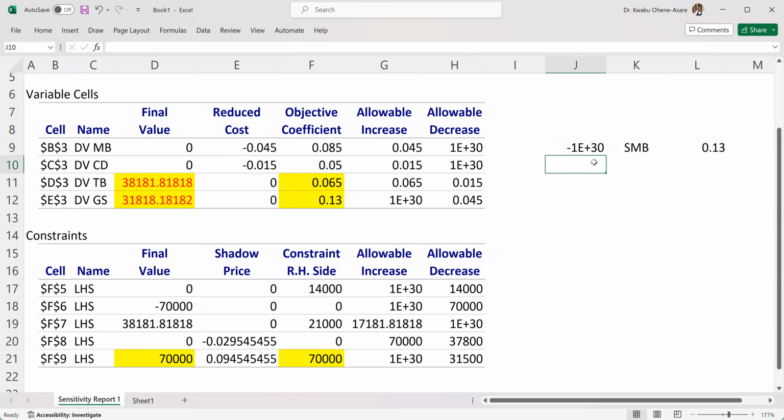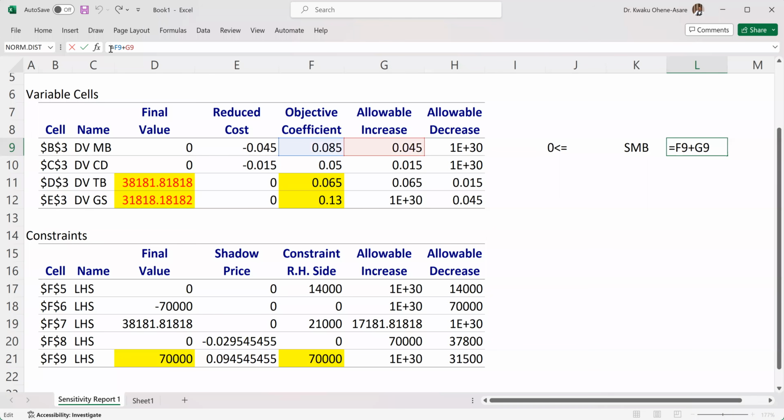But if we have to rewrite it, it's going to be 0 on the left-hand side, less than or equal to, then the sensitivity range, then the second one.